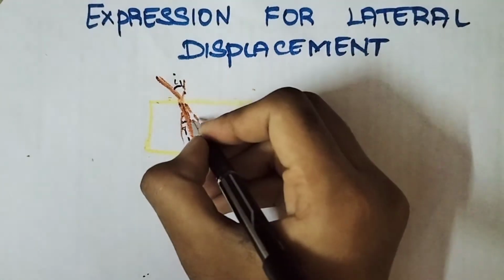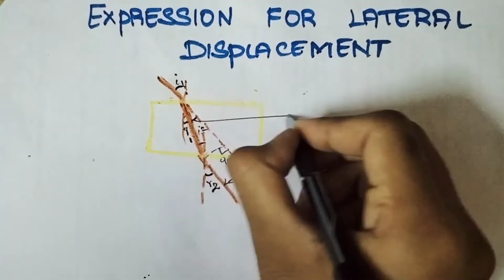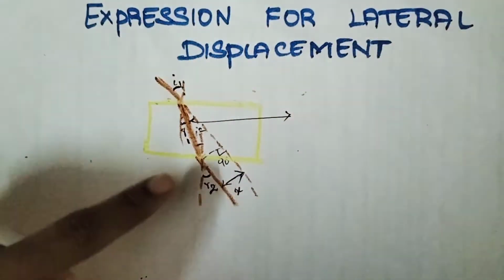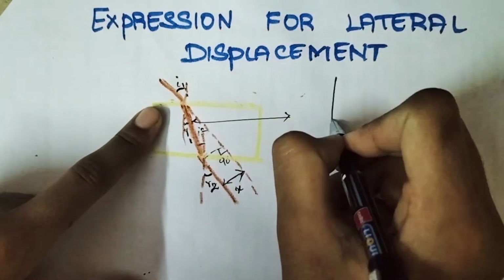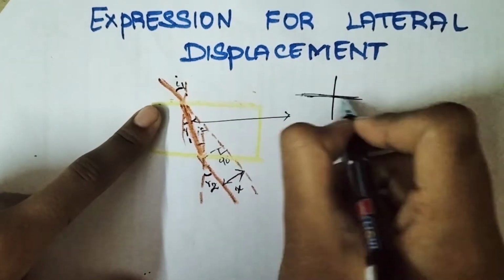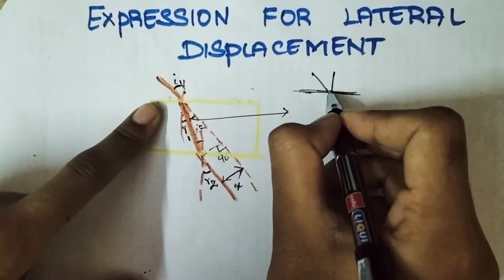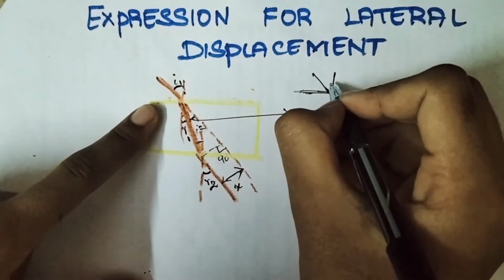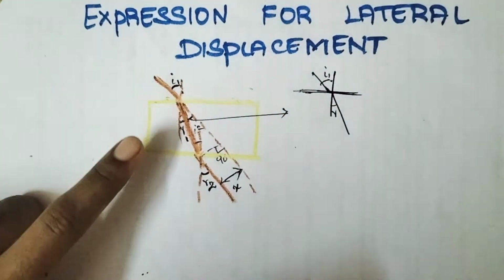Now one thing to notice, this angle, how can I write this angle? Can anybody think of it? This is I, and this can be zoomed and written like this. This is the surface and the incident, and then the ray, correct. This is I1, and this is R1.